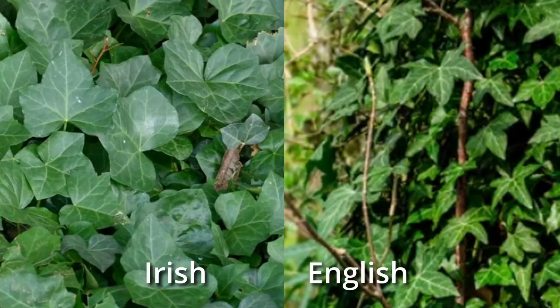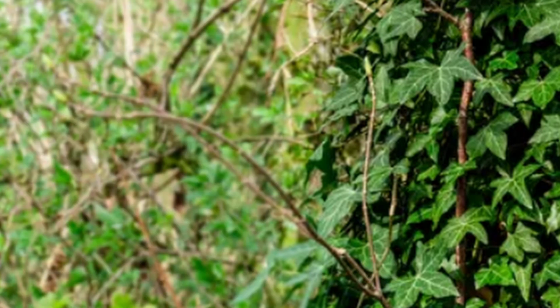English ivy has almost yellow, pale green veins, whereas Irish ivy tends to have a darker leaf, and the lobes on the leaf are slightly different as well. A lot of the time they do get lumped in together, and apparently Irish ivy is a big problem here as well.